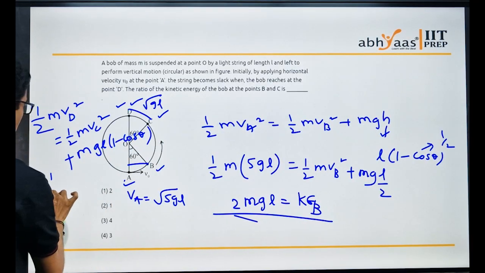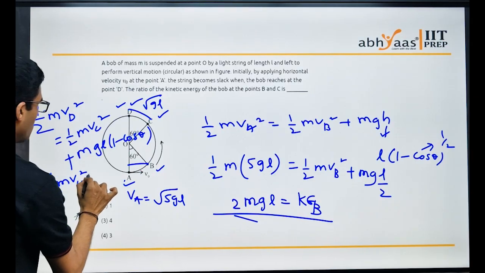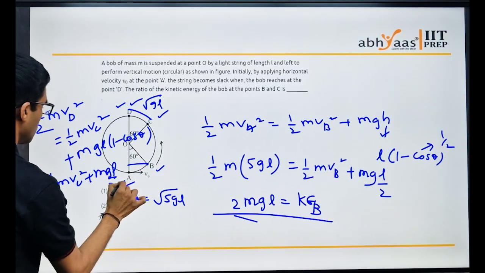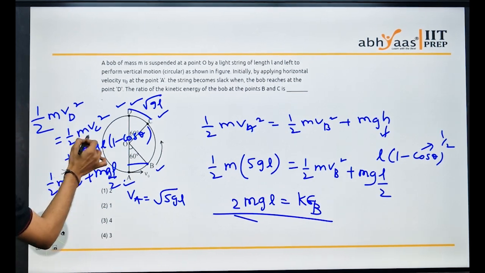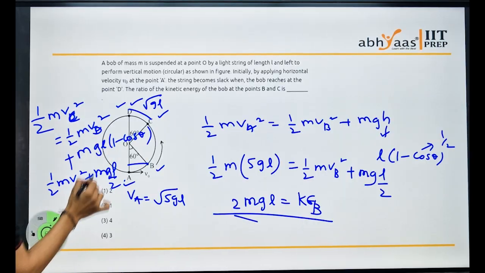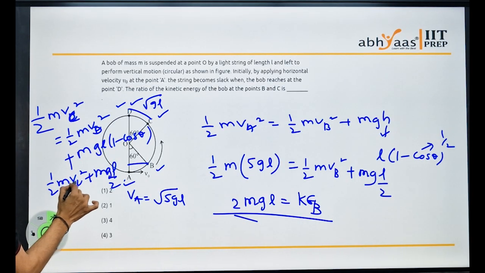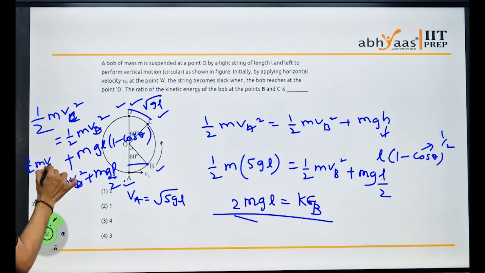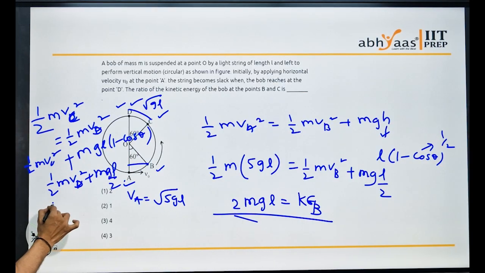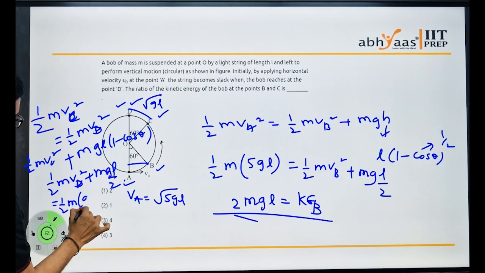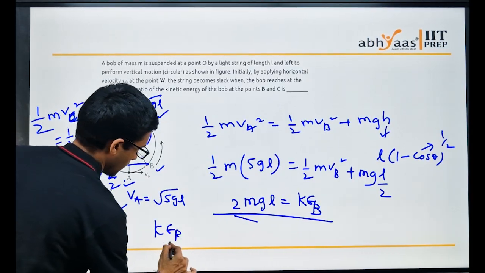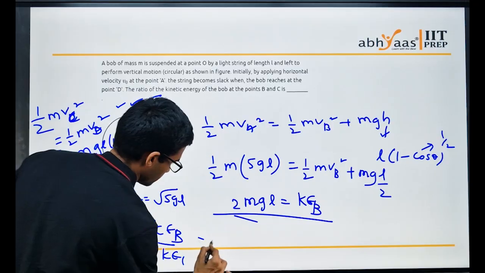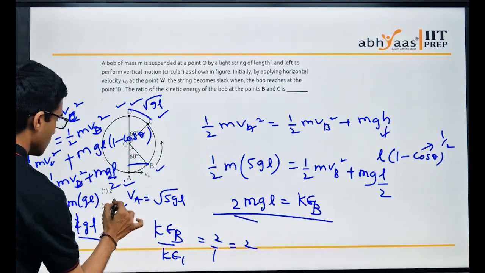So here half m Vc square plus mgl by 2. Then what happened? If you are rotating like this from this, then it will come to this one. You just try to change. So then this is Vd, half m v square. Because it is rotating in reverse direction, we have to take like that. So mgl, so 1 by 2 plus 1 by 2 is 2 by 1. KEB by KEC is 2 by 1. That means 2, this is the answer.